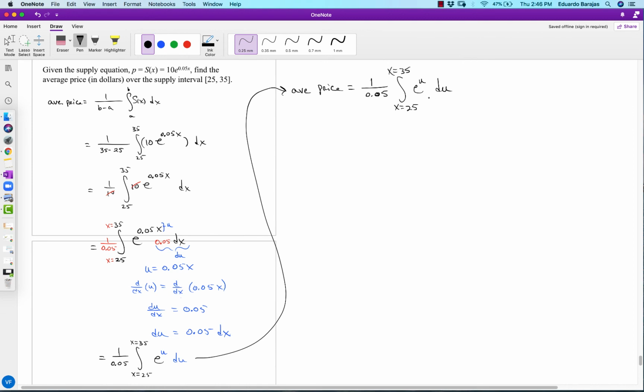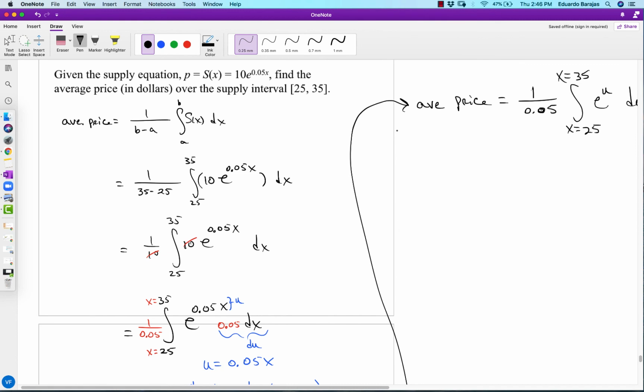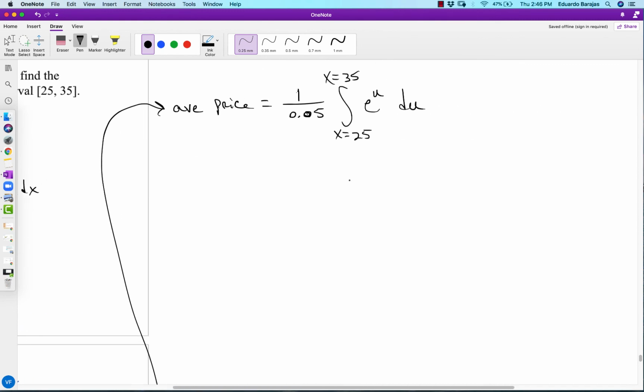And now I can find that antiderivative. So let me zoom in to here now. That means that this average price becomes 1 over 0.05 times e to the u, evaluated as x goes from 25 to x goes to 35. Good.